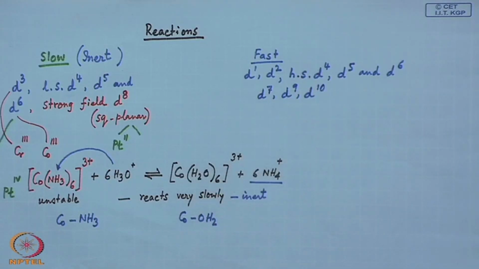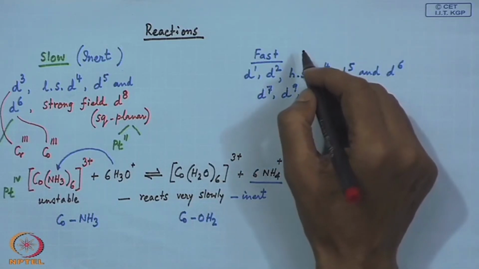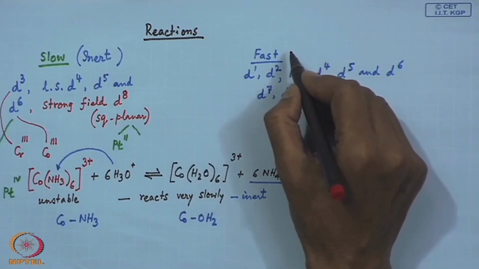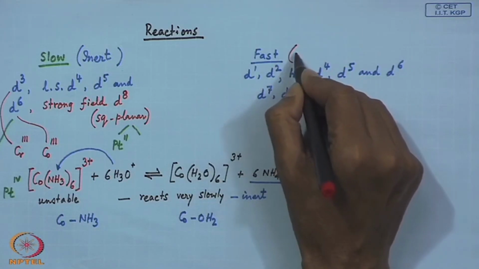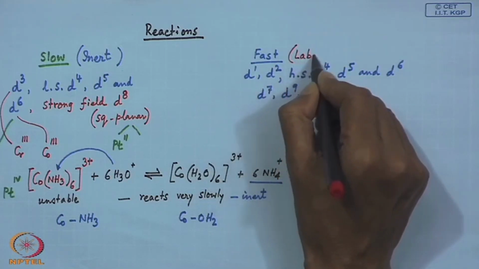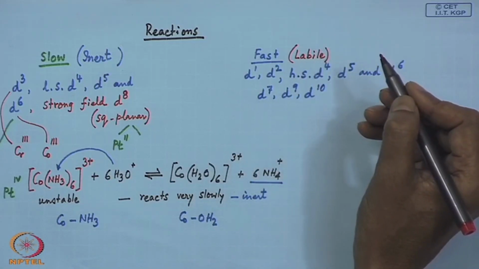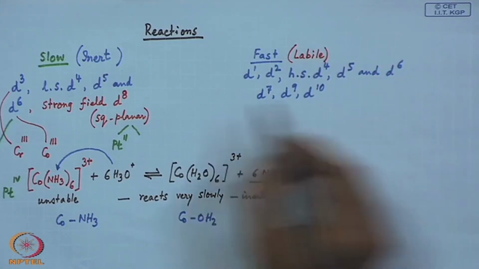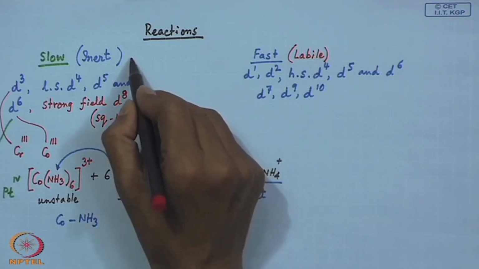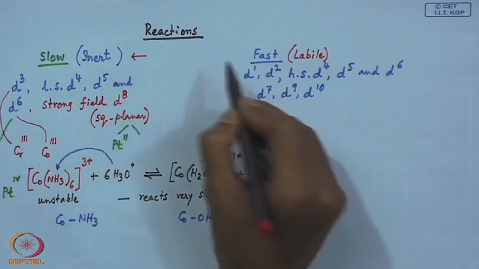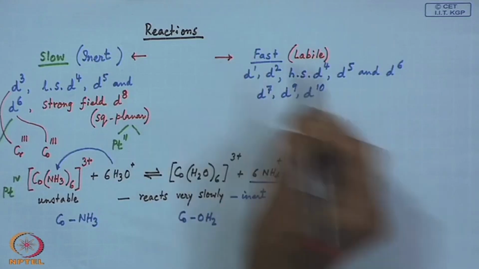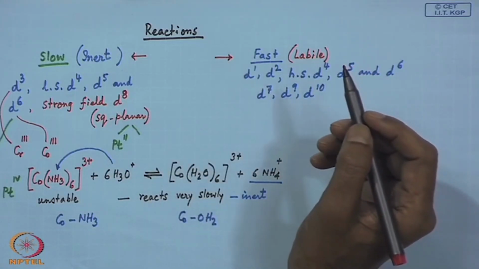In this particular case, these metal ion configurations tell us that the reaction would be fast, that means the corresponding complexes are labile in character. So these are the two extreme ranges we can have: one is the slower range and another is the faster reactions.